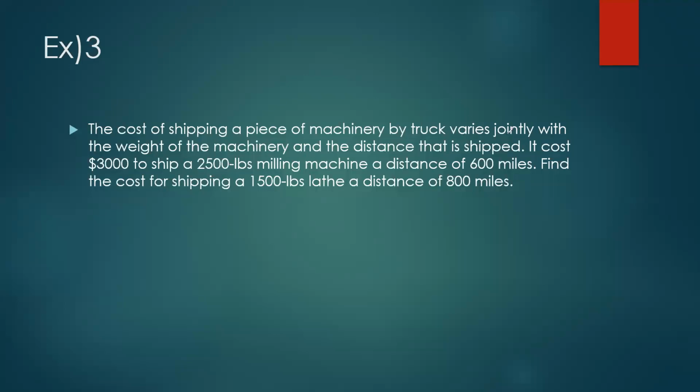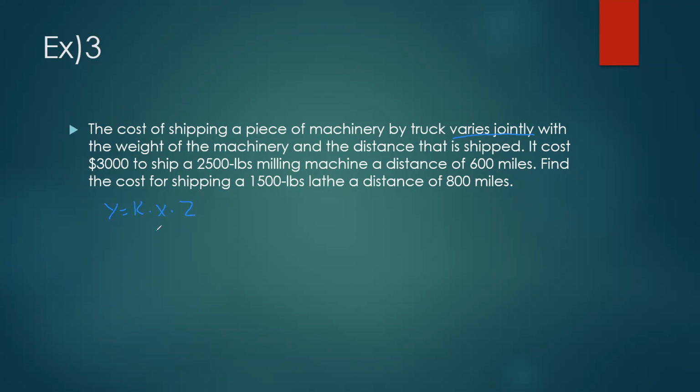It says varies jointly. So what does varies jointly mean? It's like a linear function, but this time we have an extra variable. So what is the equation of varies jointly? It is y equals k times x times z, right?